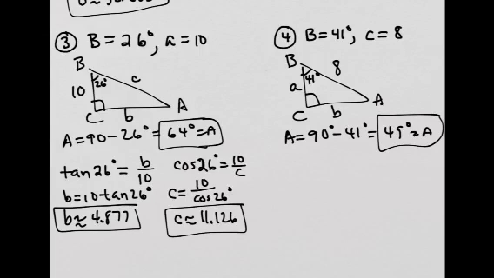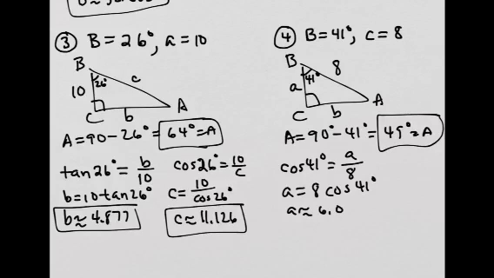Okay, to find side A, I would use adjacent over hypotenuse. So that's cosine. Cosine of 41 is adjacent over hypotenuse. So A is 8 cosine 41. Press that into your calculator, and you get 6.038.